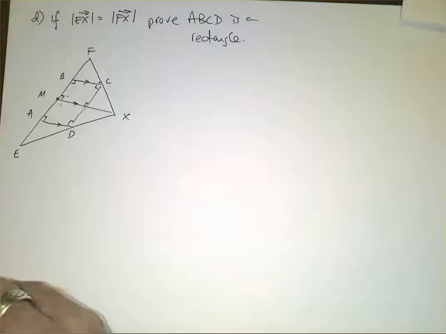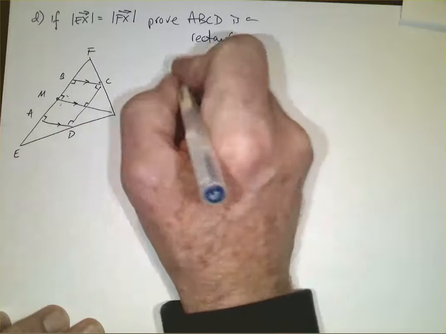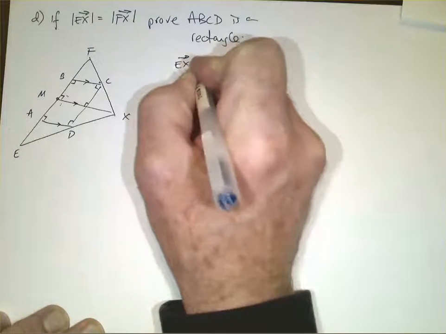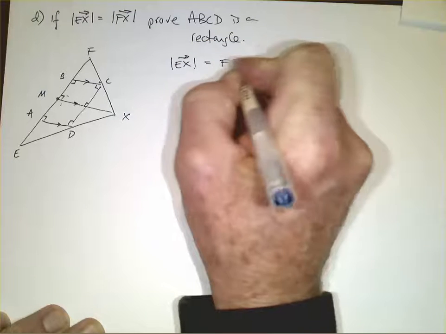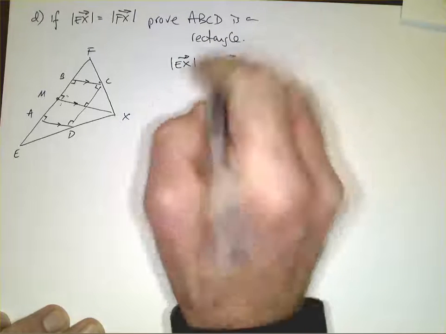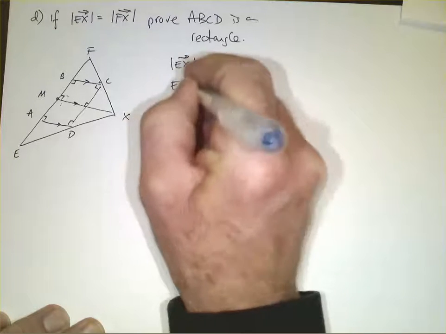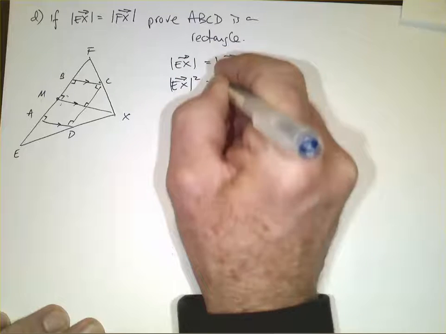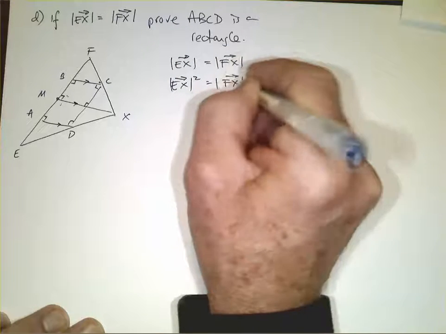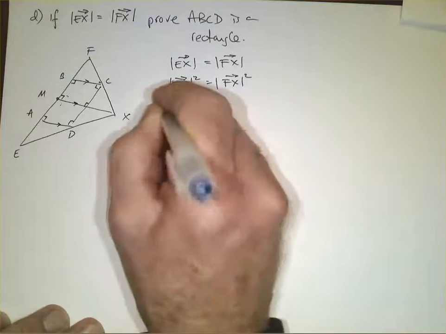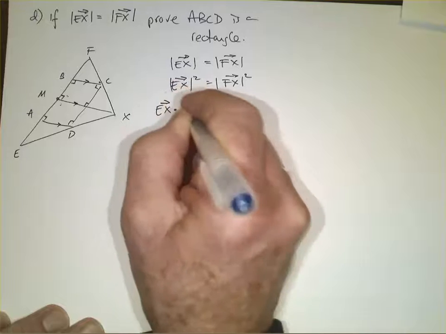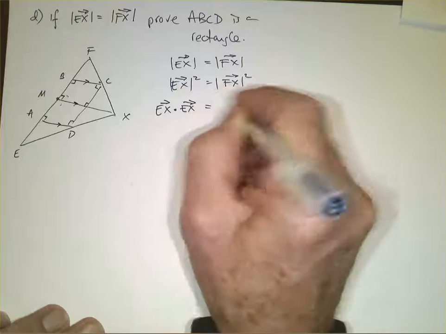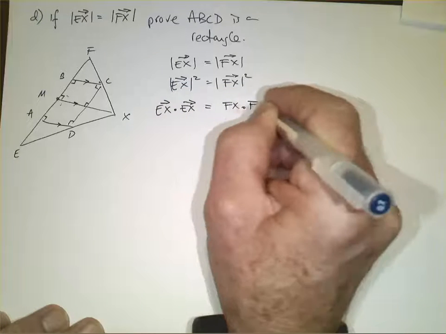So what I'd like to do is, if EX equals FX, therefore EX squared should equal FX squared, which means EX dot EX has to equal FX dot FX.